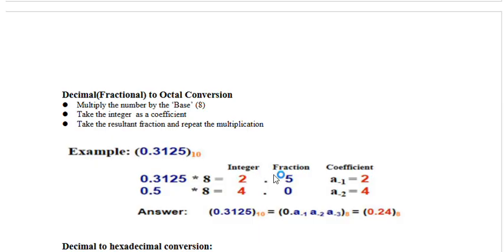Then we get the integer and fractional parts, which are 2 and 0.5. So this 2 will be a-1, which is the coefficient, and from the fractional part we got in the first step, which is 0.5, we again multiply 0.5 with 8. Again we are getting 4.0. At this point we got the fraction as 0.